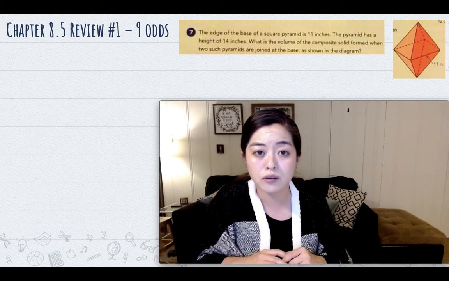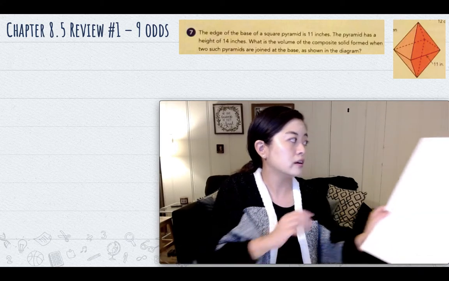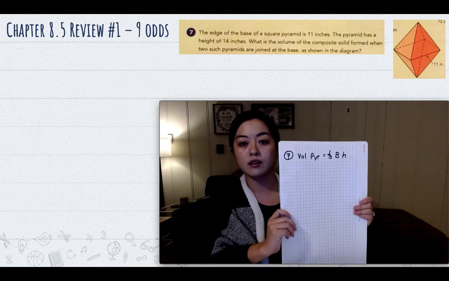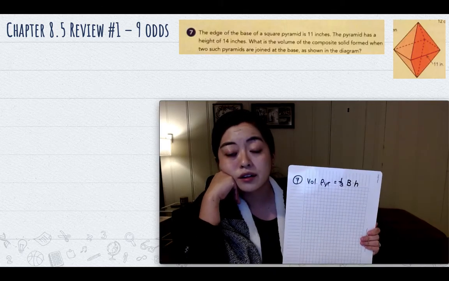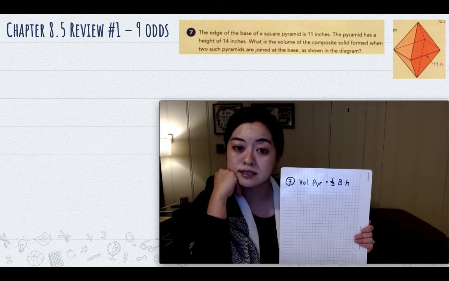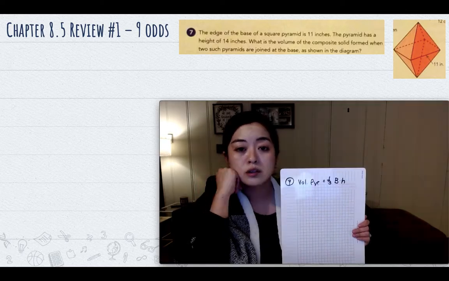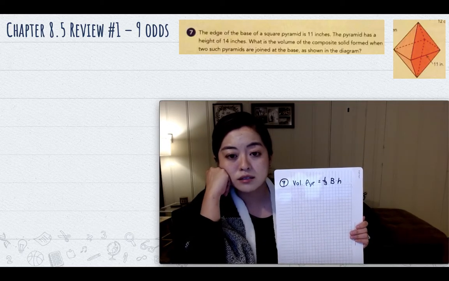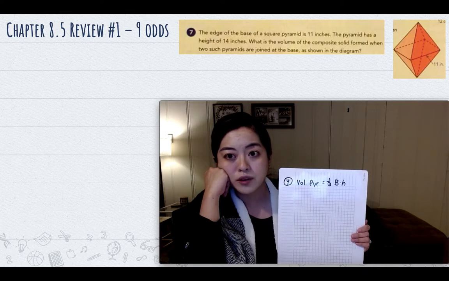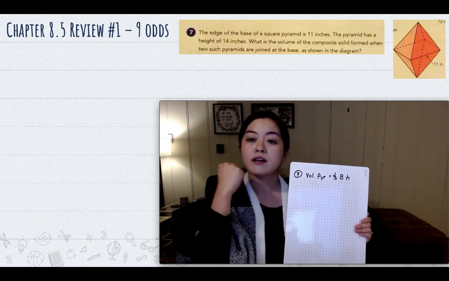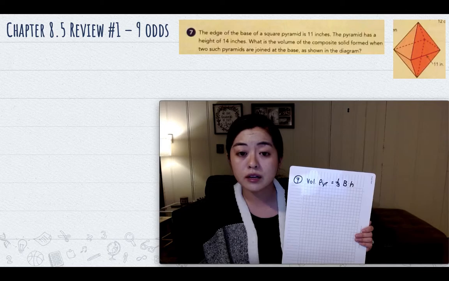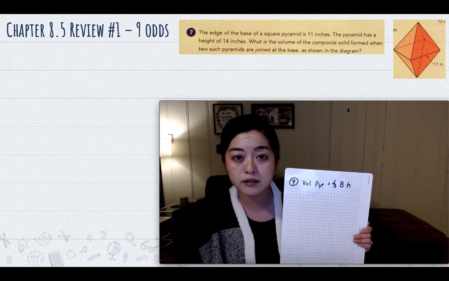For that one, it's a composite solid, isn't it? Because there are two solids that we have to account for. And we're finding the volume, not the surface area, of that pyramid.